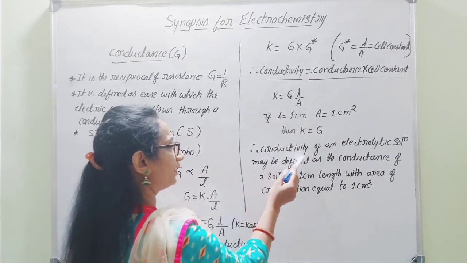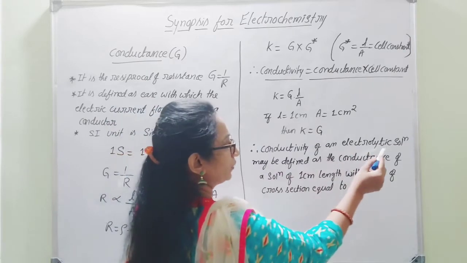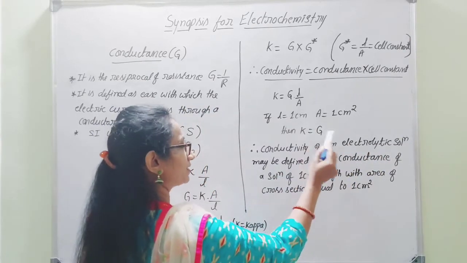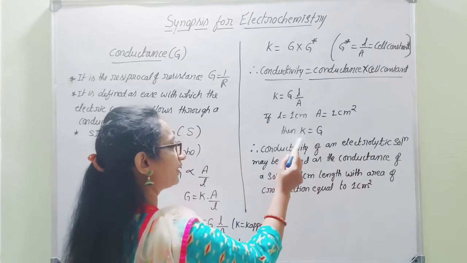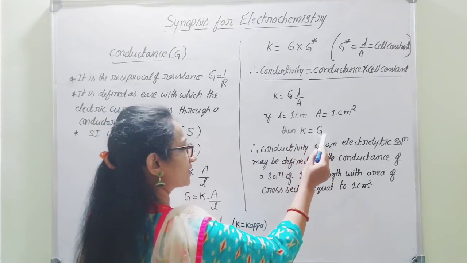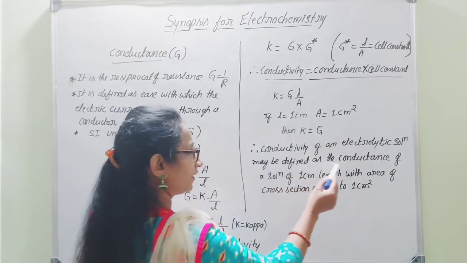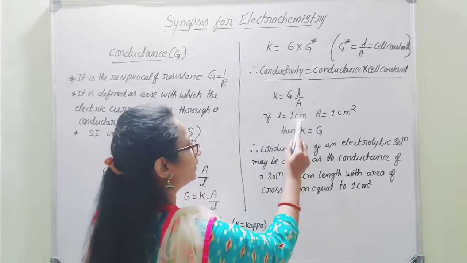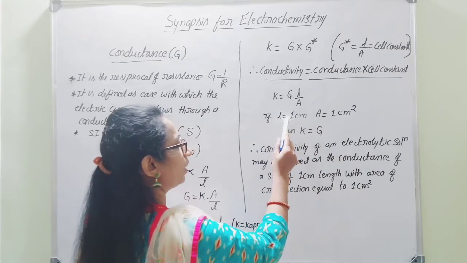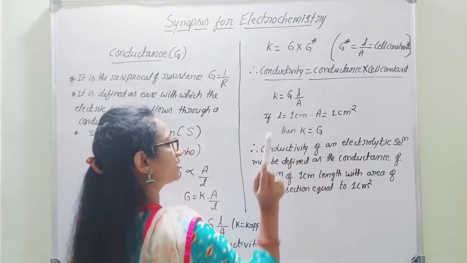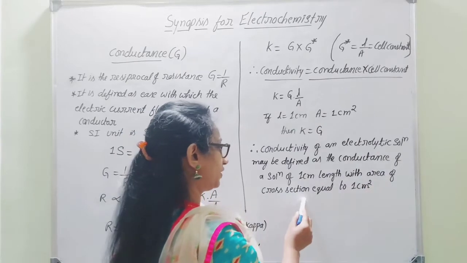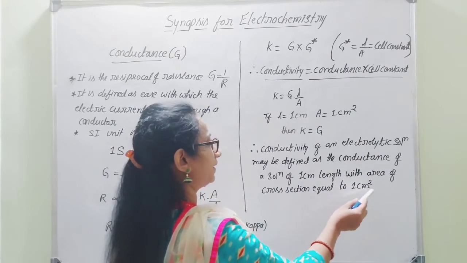Conductivity of an electrolytic solution may be defined as the conductance of a solution when we take the length of the electrolyte solution as 1 centimeter and the area of cross section equal to 1 centimeter square.